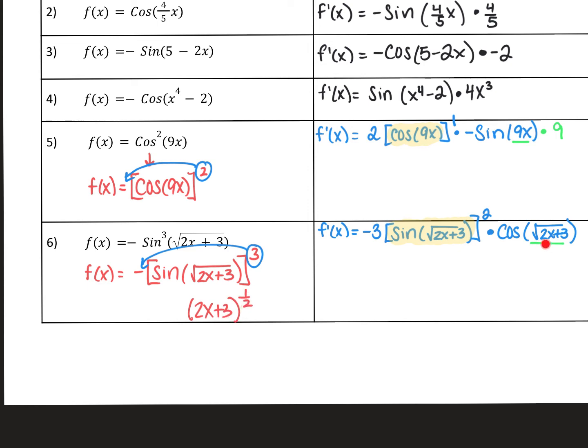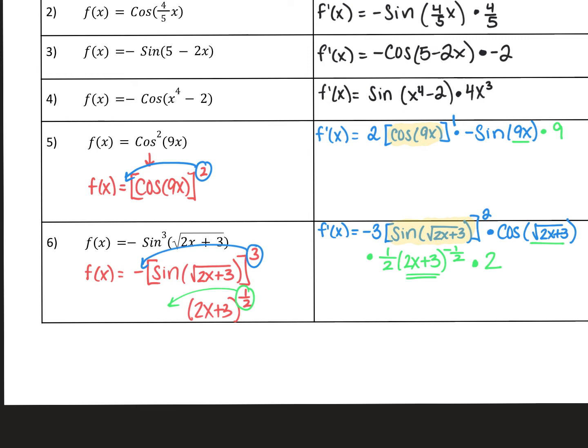So the derivative of this inside is actually a chain rule. We take the 1/2, bring it in front, so we're multiplying by 1/2 times 2x plus 3 to the negative 1/2 power, because I'm taking the 1/2, subtracting 1, and I get negative 1/2, times the derivative of the inside, just this piece, derivative of 2x plus 3 is just 2.